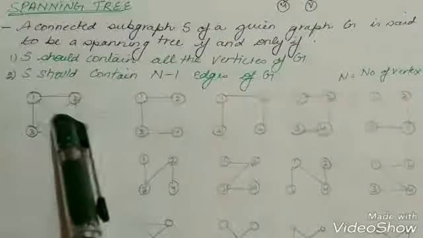Every edge will be assigned some weight, right? And we will sum up all the weights of those edges which we have included in that graph, and after adding them up, we will choose the one which has minimum weight, and that spanning tree will become the minimum spanning tree for that graph.